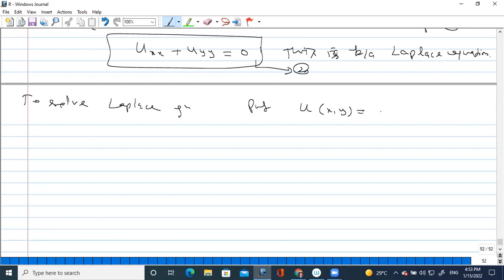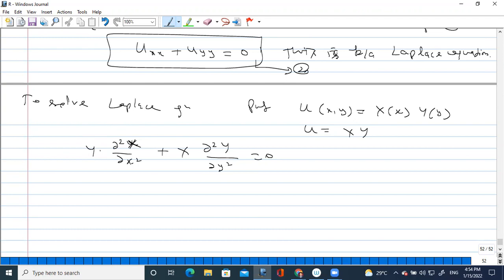Put u(x,y) = X(x)Y(y), because here t is not there, it is u_xx and u_yy only, so u also will depend upon x and y. So for u_xx, y will be constant, it will become Y times d²X/dx² plus, here x is constant, X times d²Y/dy² is equal to 0. So this will be the equation.